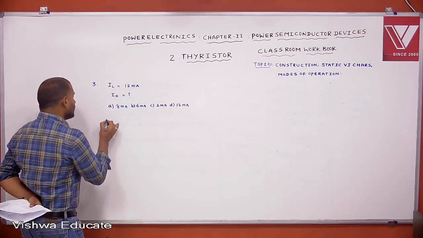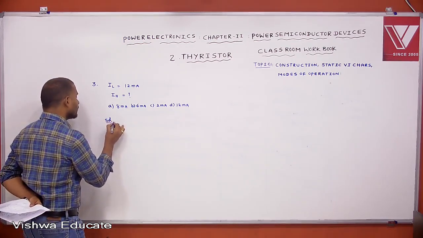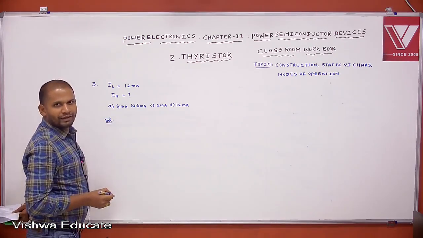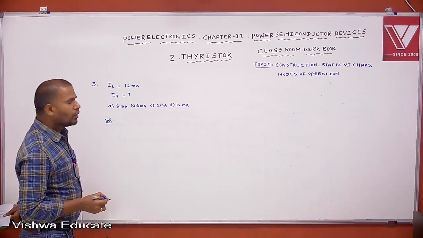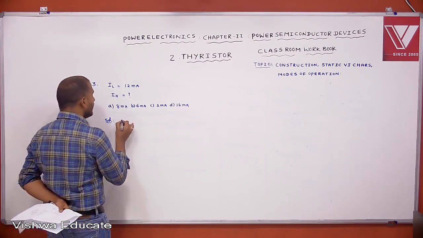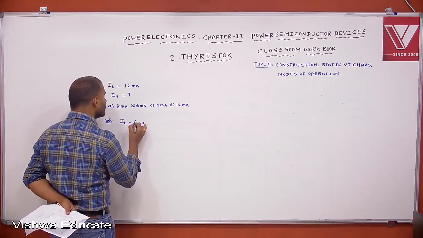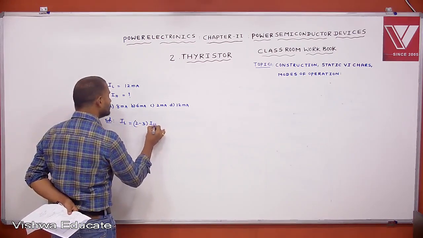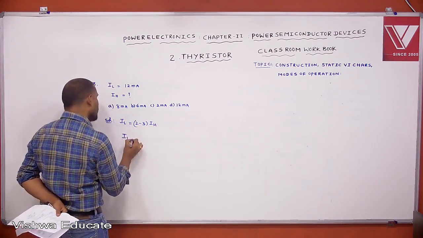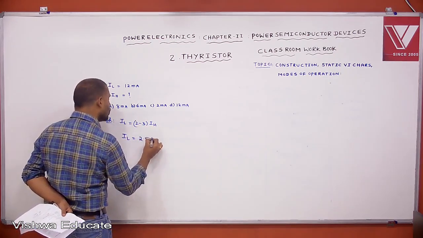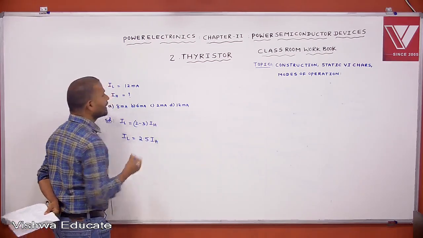Then what is the solution for this problem? We know the relation between latching current and holding current: latching current equals 2 to 3 times the holding current. On average, latching current is equal to 2.5 times the holding current.